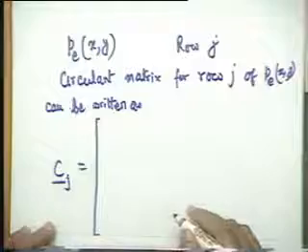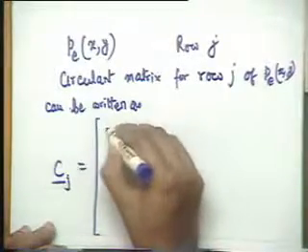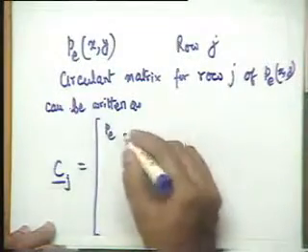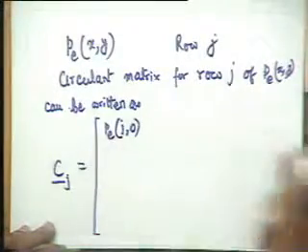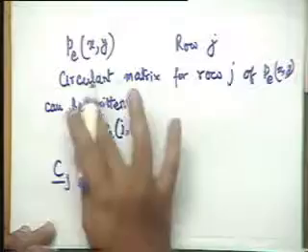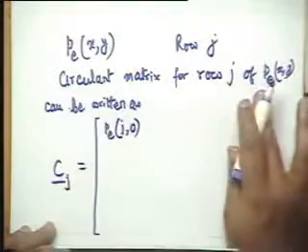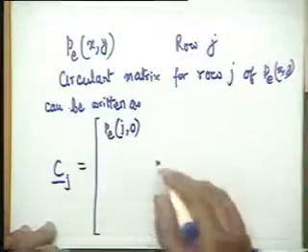Yes, tell me what should be the first element? p_e(j,0), yes, because j will remain everywhere, since it is a circulant matrix composed of the jth row, that is why j will remain always.